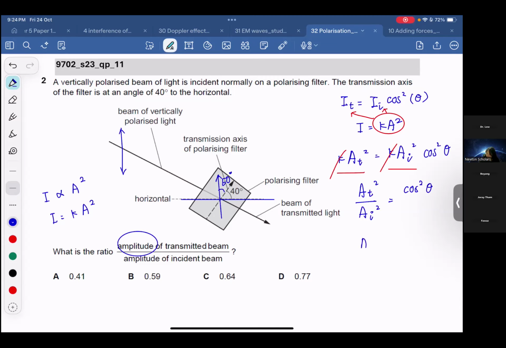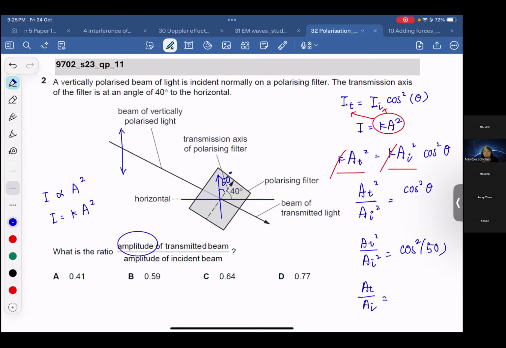Just now I mentioned the delta is your 50. So what is your A_T over A_I? Digest this question. Fawal, no. Fawal, check again. Did you square the cos 50? Correct. Fawal, right now correct.